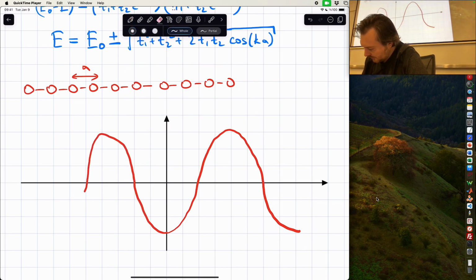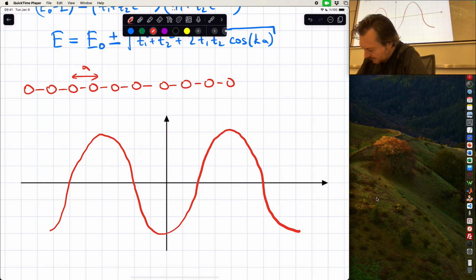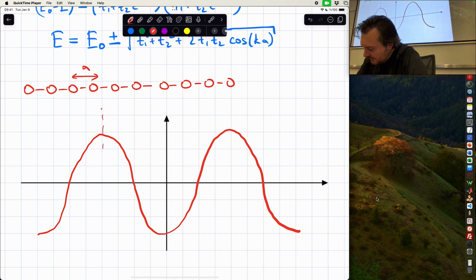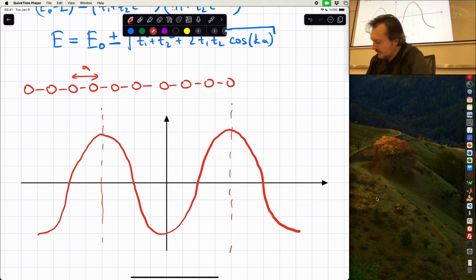Okay, this is the band of that one, and it ends over here. This is the first Brillouin zone of that chain. Right? This you have already seen.